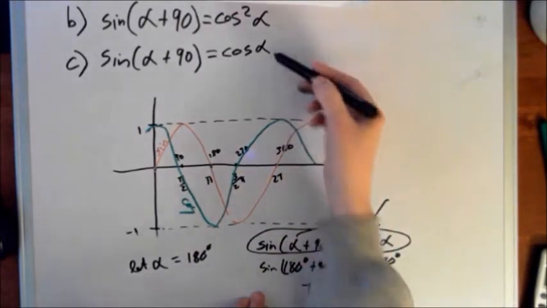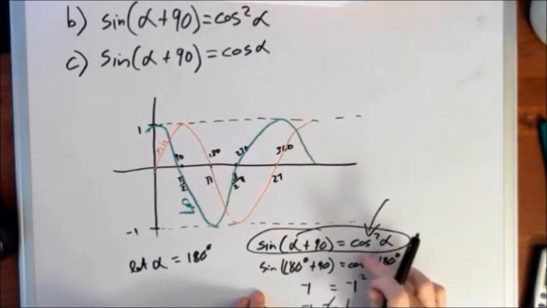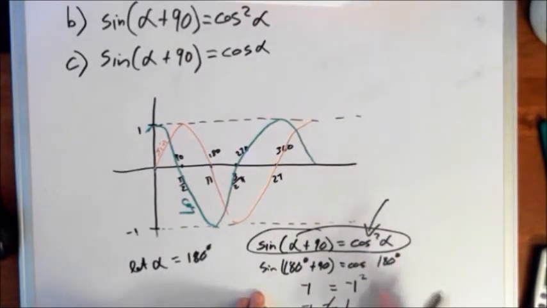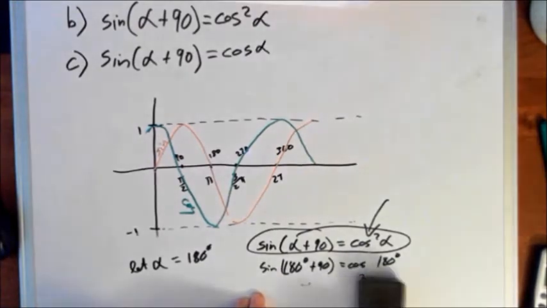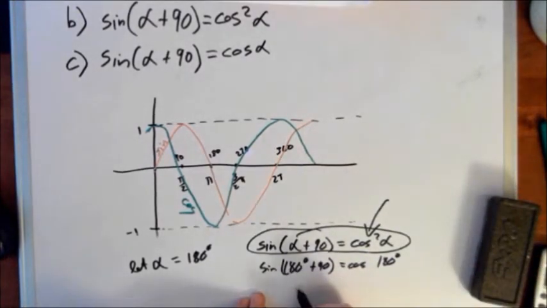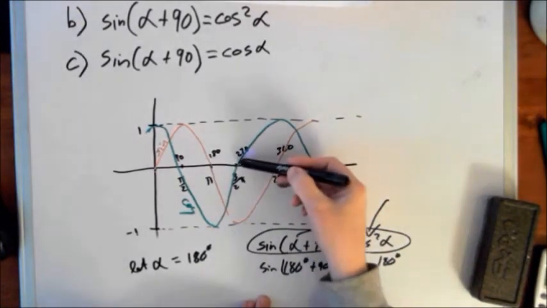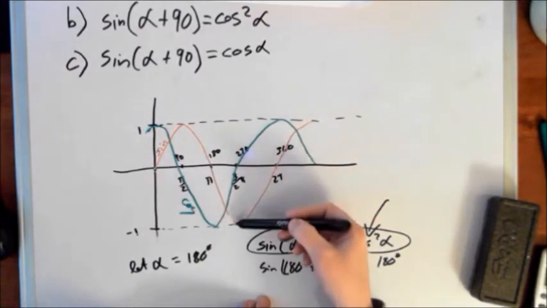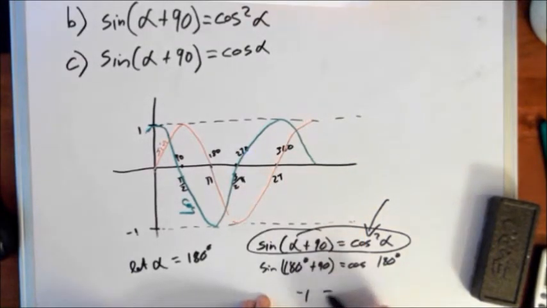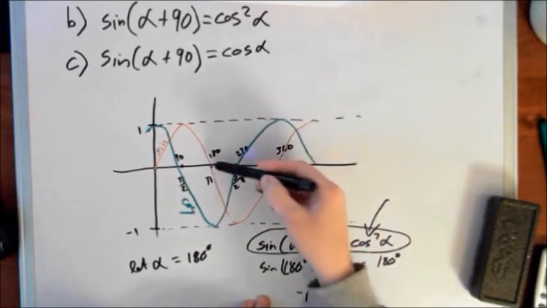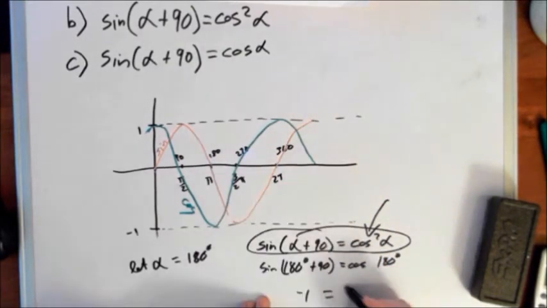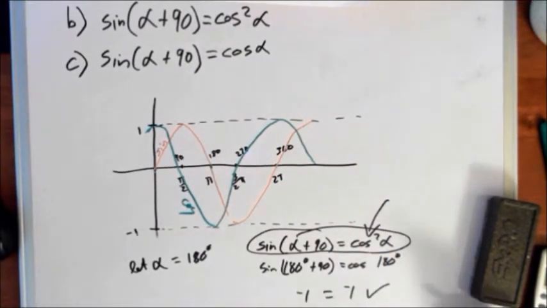Because if we do this one, where we're just looking at a cosine component, it's the same on the left-hand side. 180 plus 90 is 270. My sine component is -1, which is equal to my cosine component at 180 degrees, which is -1. I'm not squaring it, so that is correct.